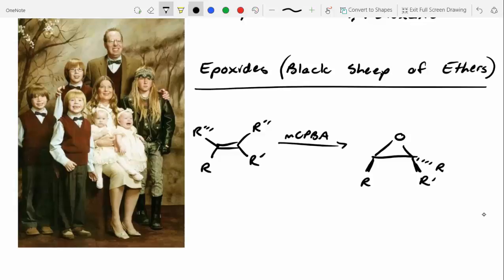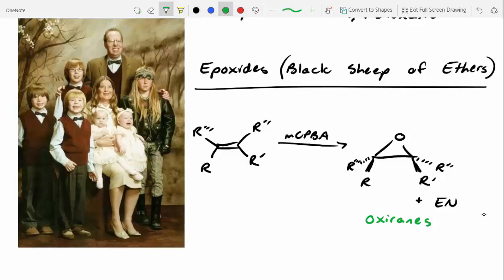So we're already familiar with this class of ether. And we end up with a mixture of enantiomers for this specific situation. Oftentimes, if you go through older textbooks, they don't refer to these as epoxides. These can also be known as oxiranes. And they are the most reactive ethers that we have access to.